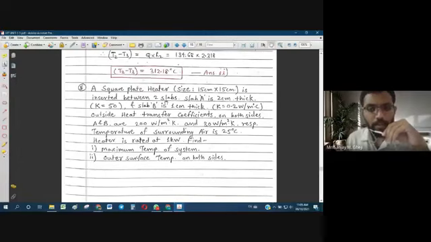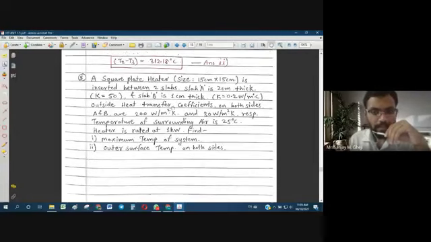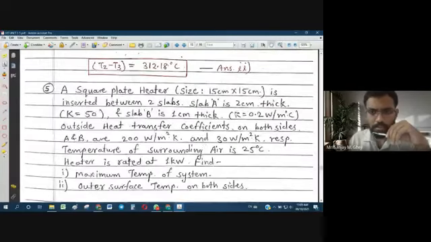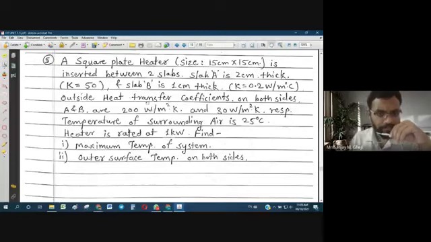All the materials were in successive manner, and in all those problems we got conductive or convective resistances in series connection. Now we will cover some problems in which we will get to see the parallel connection of resistances. So let us see such type of problems.